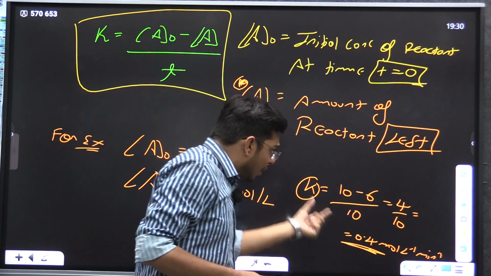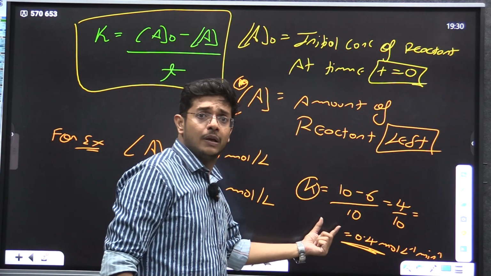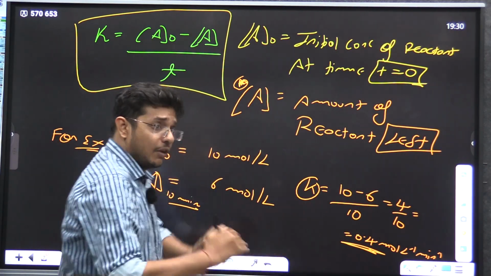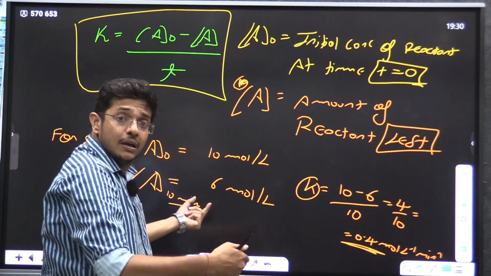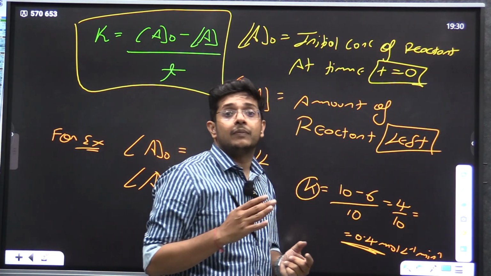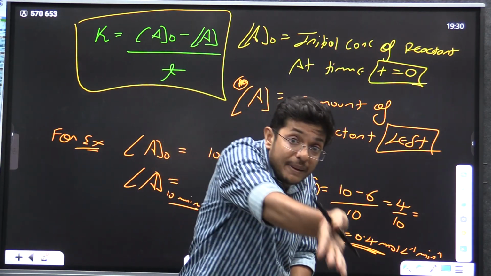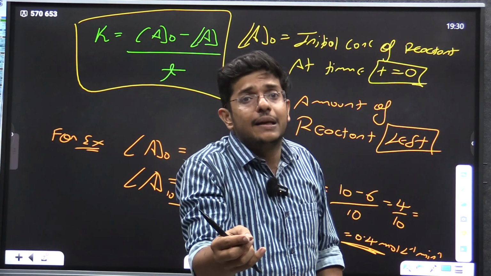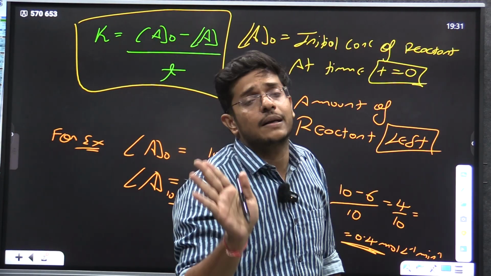That's because the rate is always constant. If the time remains constant for the next 10 minutes, again the value will be the same. The amount of the reactant consumed will be the same. This is actually the definition of zero order.